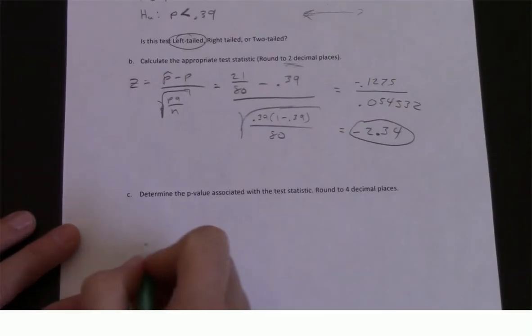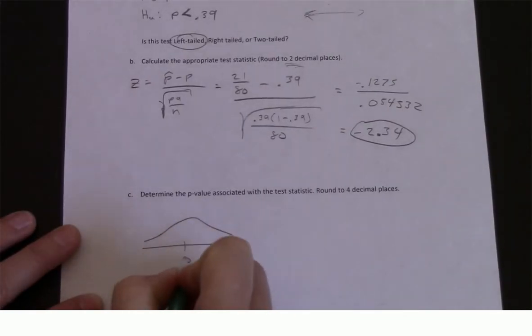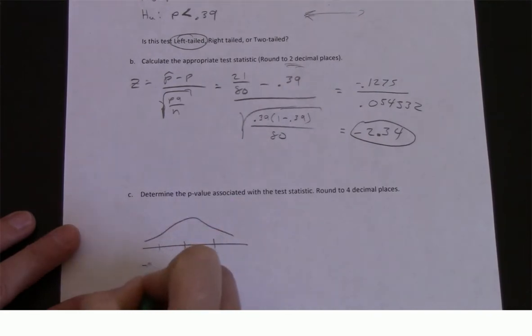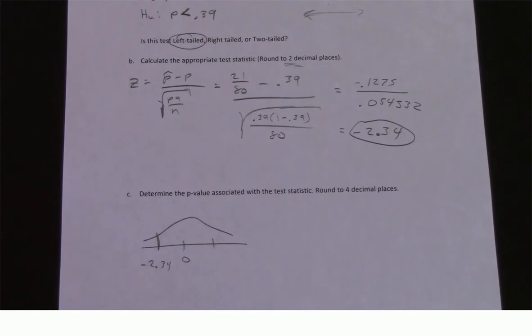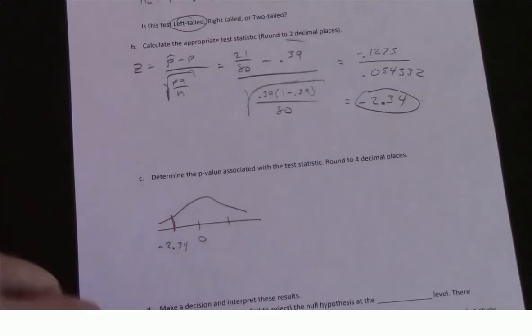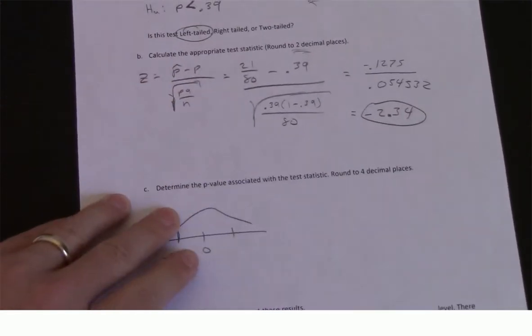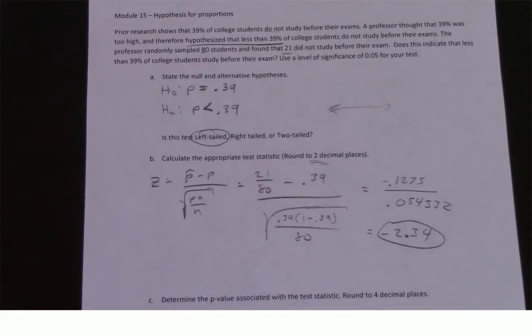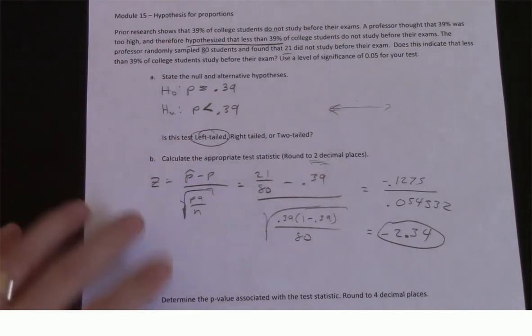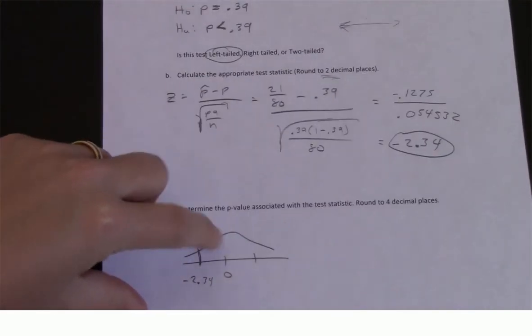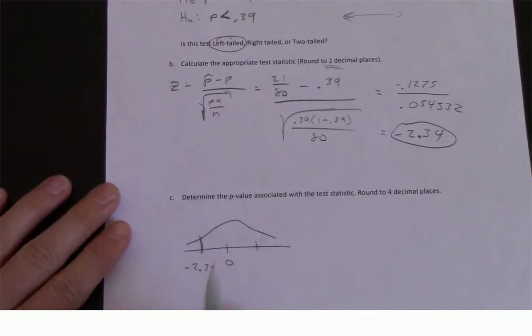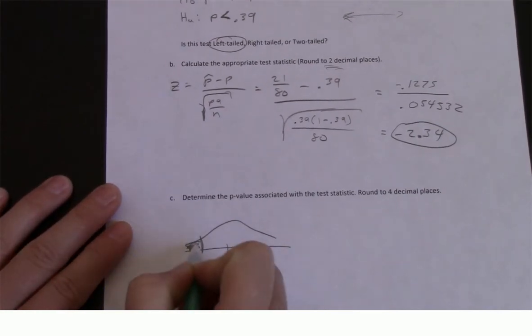Alright. Determine the p-value. Negative 2.34 is back here. Now p-value is always the probability of being that extreme or more extreme. It depends on the side of your test what extreme means. So in this case, we have a left tail test, so extreme is going to be the area to the left. So that's going to be the p-value.